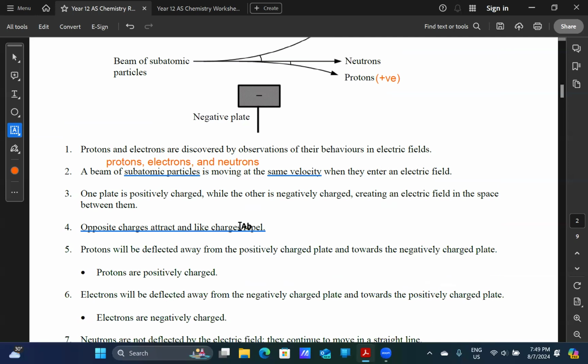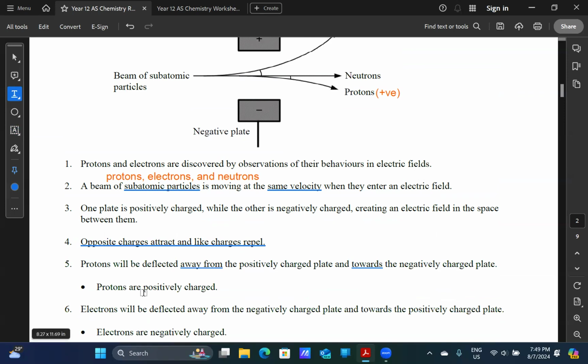Next one, number 5. Proton will be deflected away from the positively charged plate and towards the negatively charged plate. You will see there are two keywords here. It's either away from or toward.